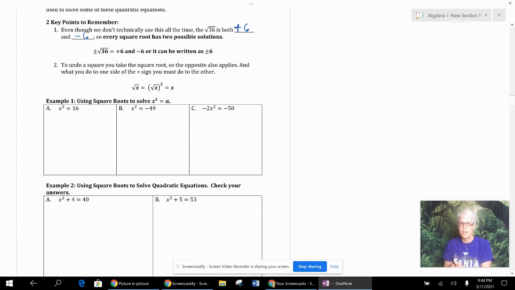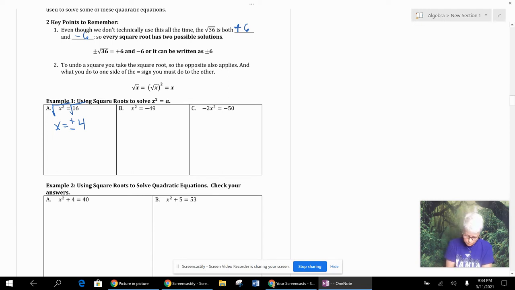We're going to do that again. That is exactly what we're going to do. We're going to get rid of that square, and to do that is to find the square root of it. So for example 1a, it's kind of like putting a radical on top of both sides. So we know that x is going to equal not only 4, but a positive or a negative 4.